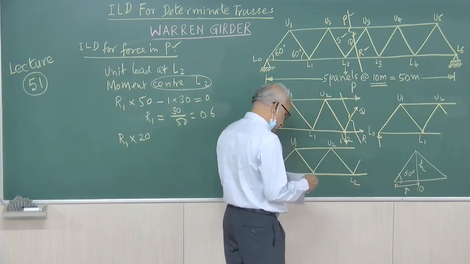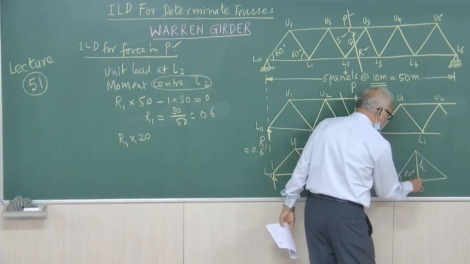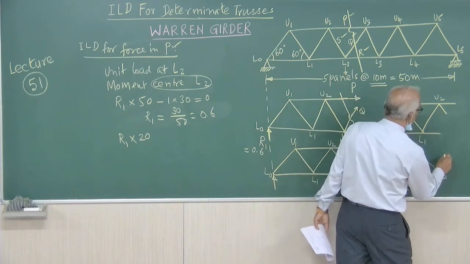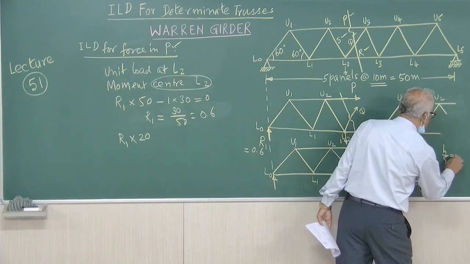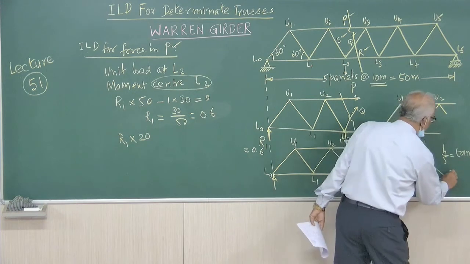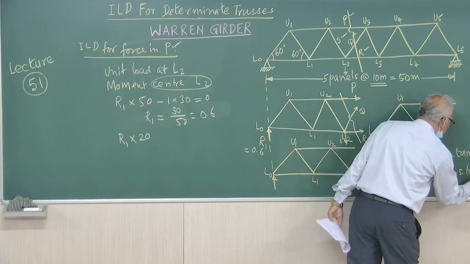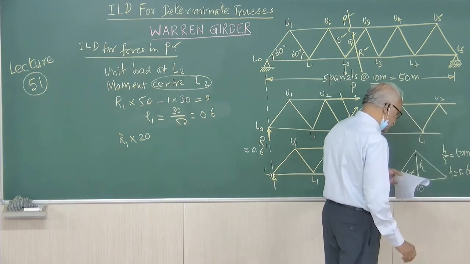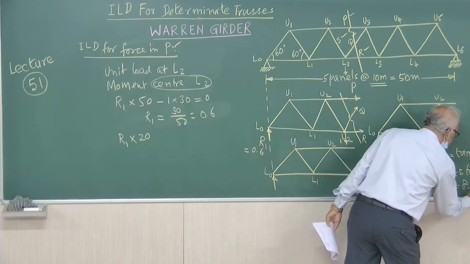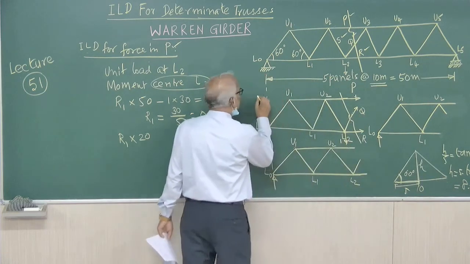Therefore, h by 5 equal to tan 60 degrees, so h equal to 5 into tan 60, which is 8.66 meters. So, the height of the truss is 8.66 meters.